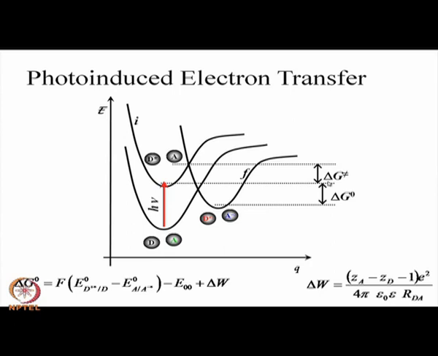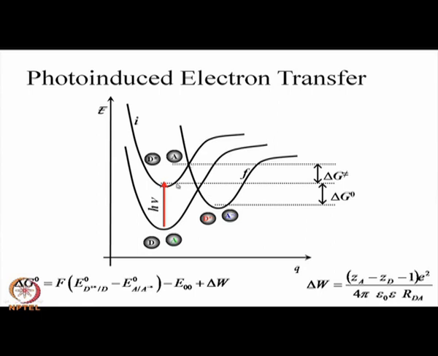Now, this is your initial state and this is your final state. So, you see that delta G double dagger, which was originally over here, is now modified to this value, and now the crossing is over here.